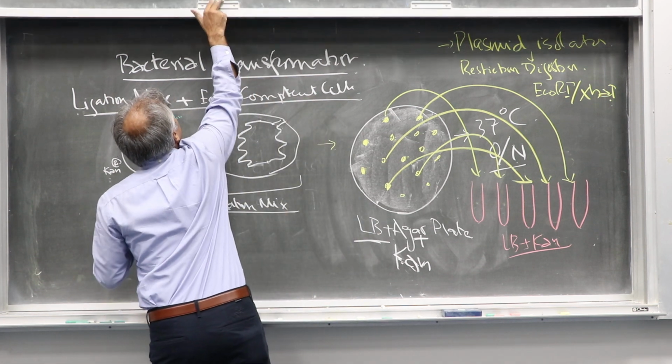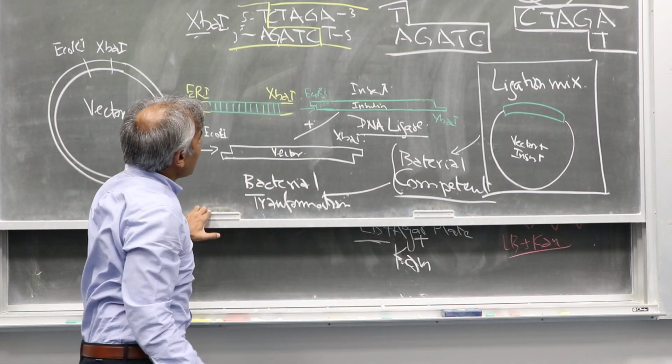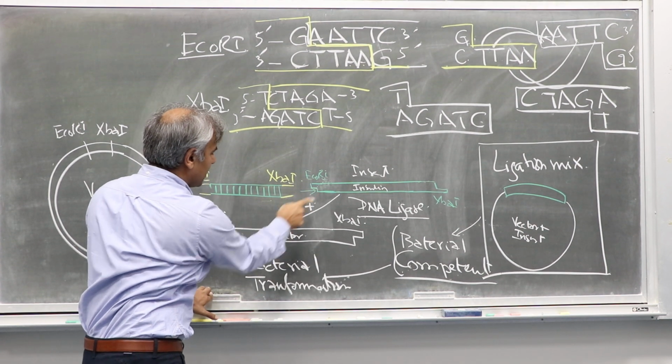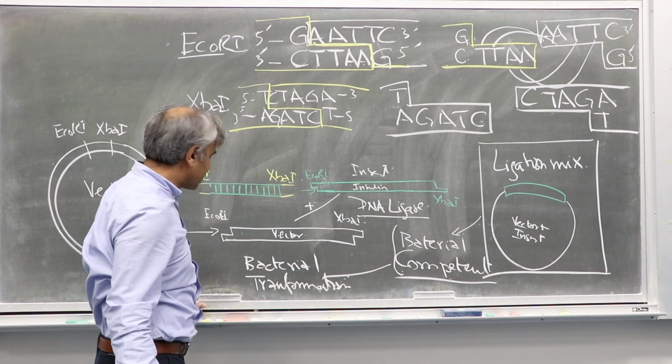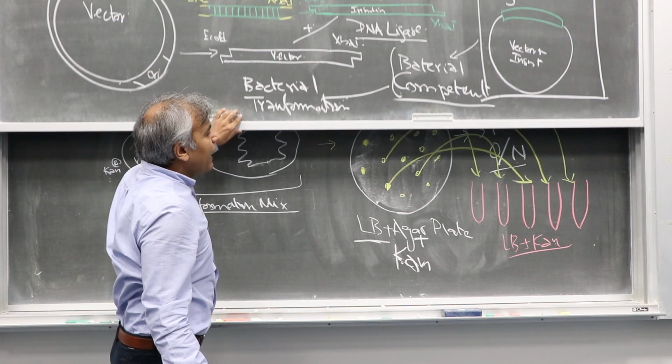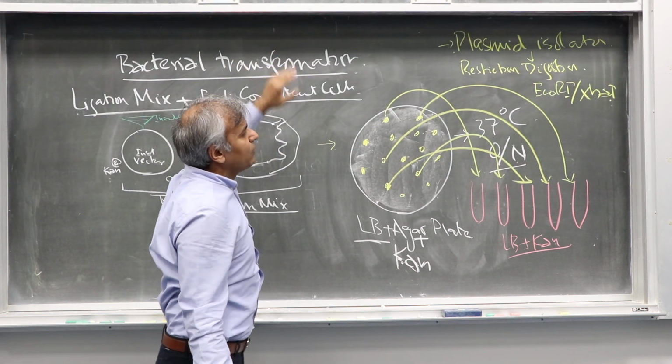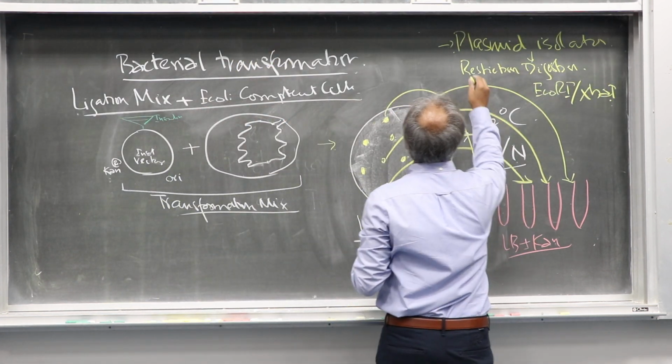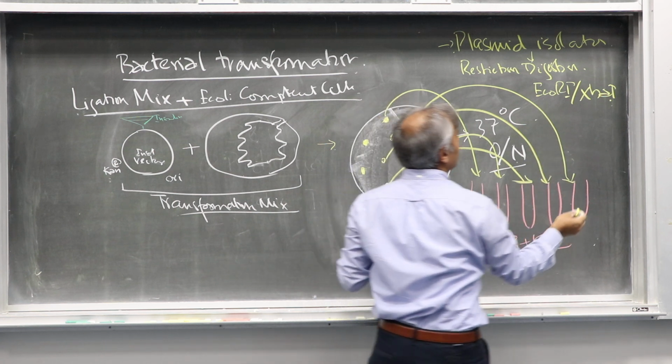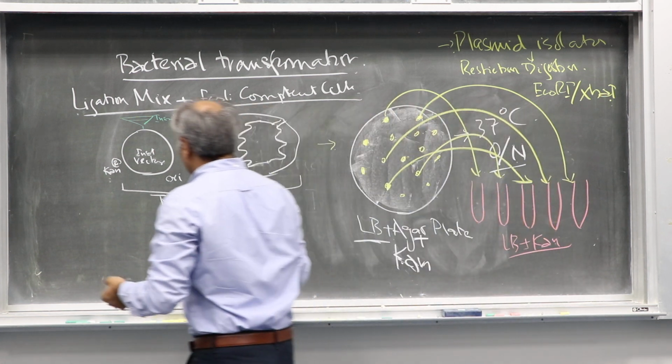Because we ligated our insulin gene with the vector with EcoRI and XbaI. And after digestion, the final step is we do agarose gel electrophoresis.